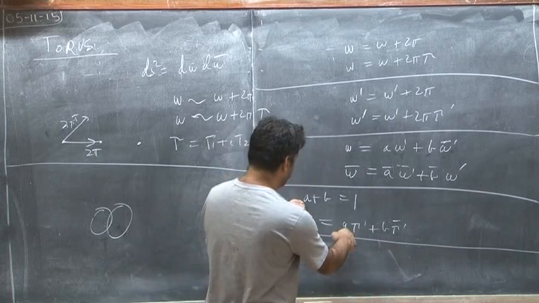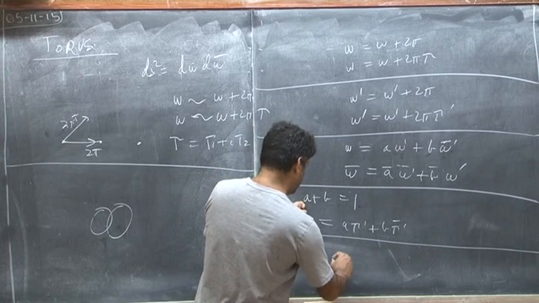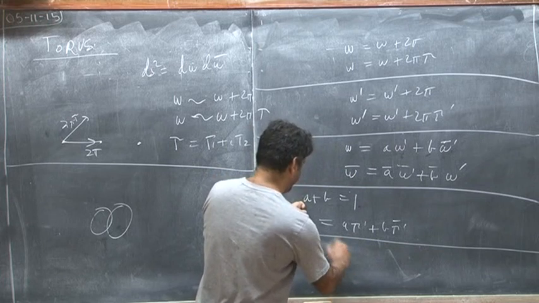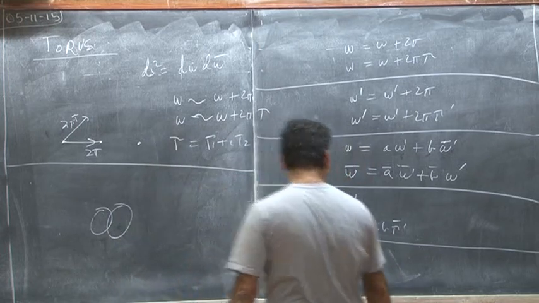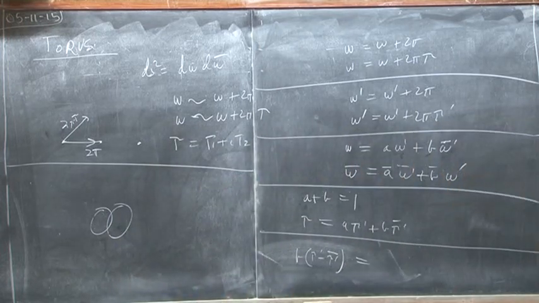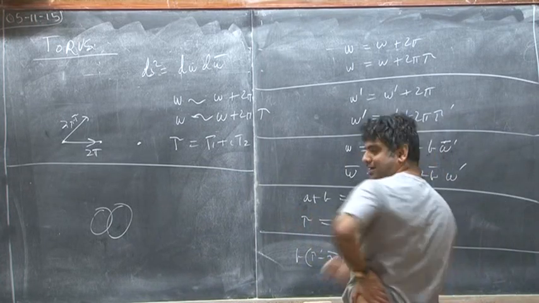So if I multiply by tau' and subtract, I get b times tau' minus tau' bar is equal to tau' minus tau.